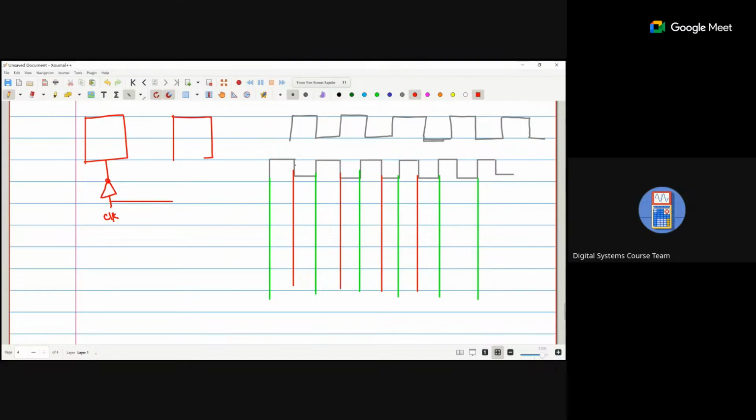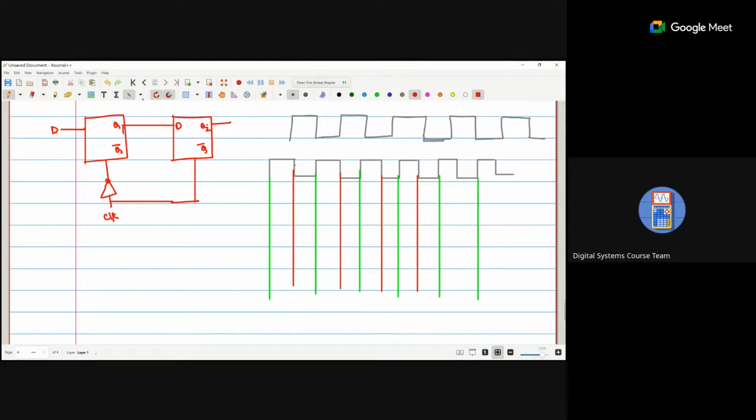The second latch is positive. We directly connect the signals Q and D. This is D, Q bar, Q, Q bar. I will say this is Q2 and this is Q1.